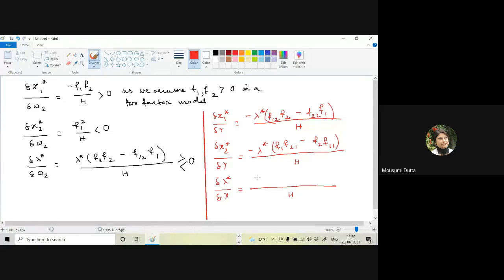What is the value? Anyone else who got the value? Ma'am, minus lambda into f11 f22 minus f12 square. Sorry, f11 into f22, then minus f12 square.